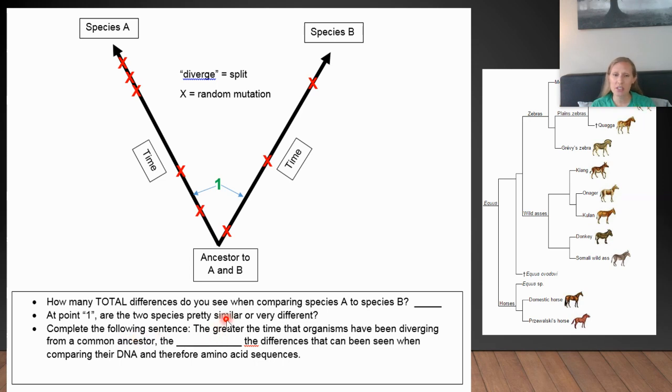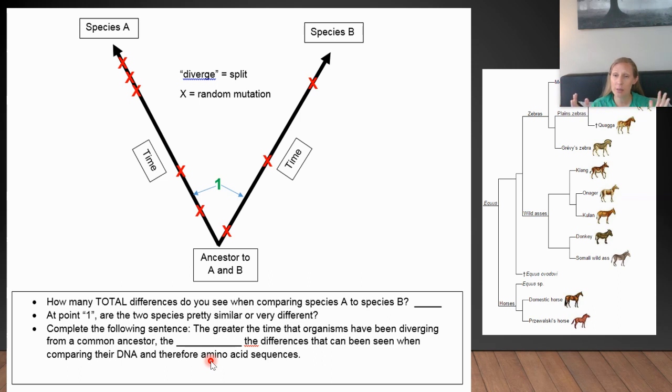So if we think about this sentence, as time goes on, the greater the time that organisms have been diverging, that word diverge means to split, to separate, the greater the time that they've been diverging from their common ancestor, would you think there'd be more differences or fewer differences when you compare their DNA?